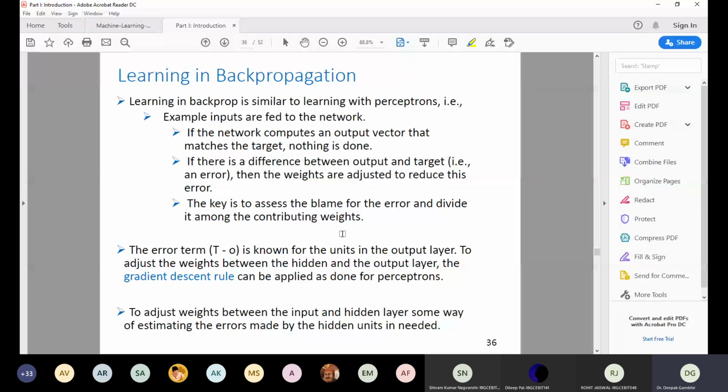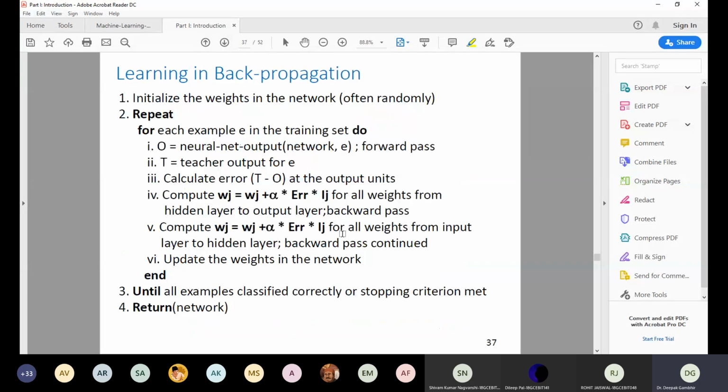So how is the output computed in backpropagation learning? We initialize the weights of the network, often randomly. Repeat this step for each example e in the training set: compute the neural network output.